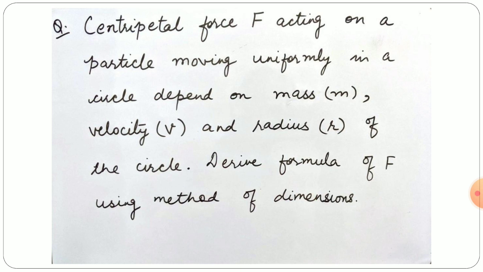Let us do one question. If we have to derive the formula for centripetal force using the method of dimensional analysis, then we must know on what factors centripetal force depends. So, centripetal force depends on mass, velocity, and radius.